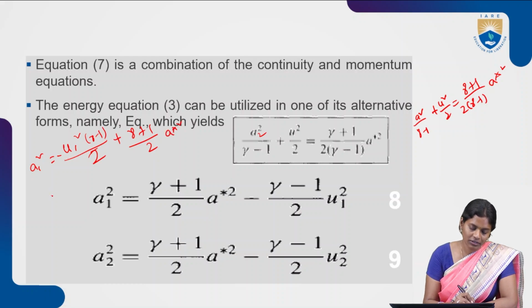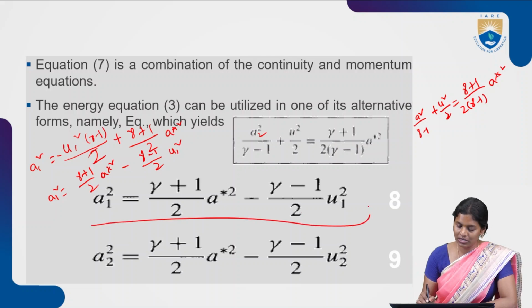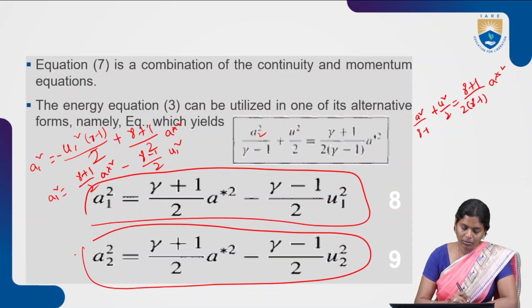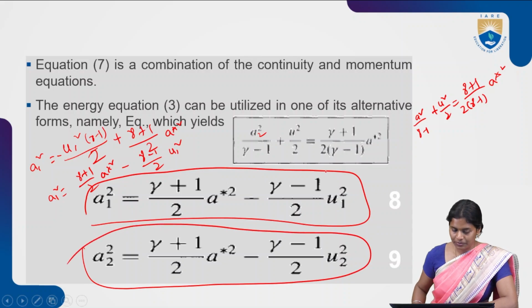So the alternative is A1 square equal to gamma plus 1 by 2 into A star square minus gamma minus 1 by 2 into U1 square. That is the expression, right? Similarly, for A2 square we will find it in the same manner.